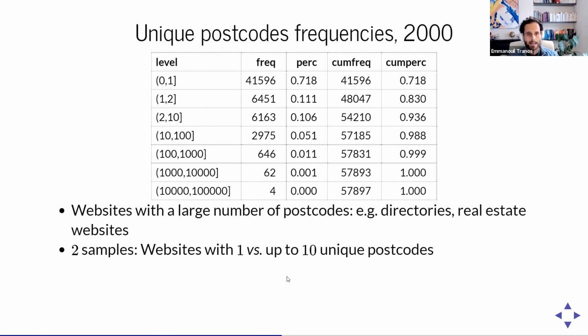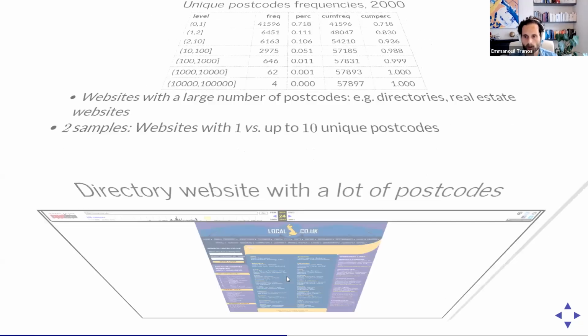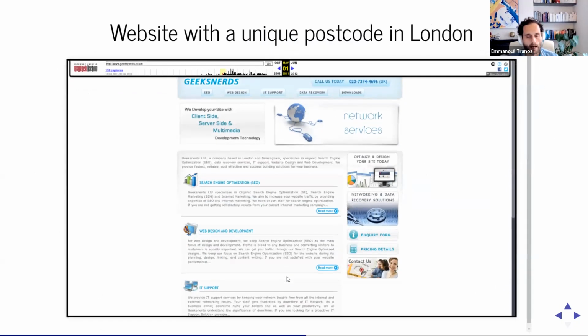At the left-hand side of the distribution, we have websites with one unique postcode. An example is this website, called Geeks Nerds.